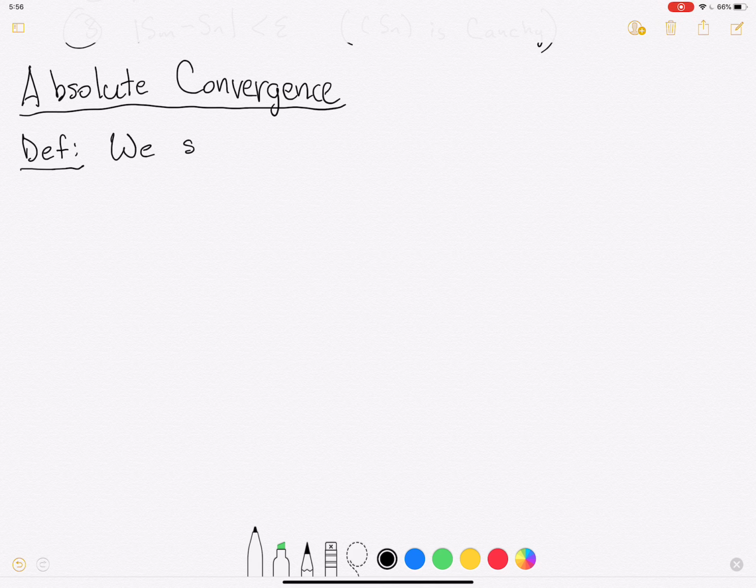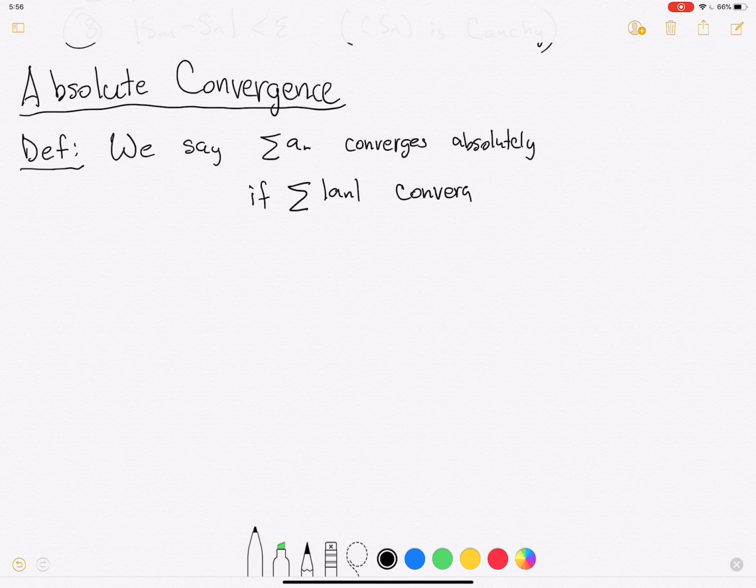We say a series converges absolutely if the sum of the absolute values of a_n converges, so if you take the absolute value of everything in there. That's the end of the definition there.